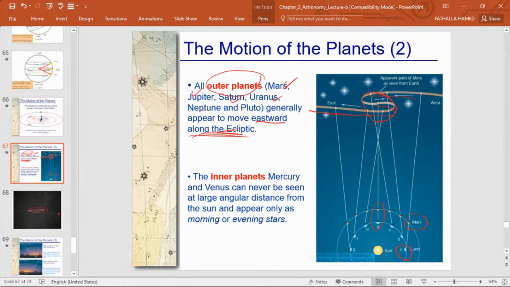Now, the inner planets for us, which are Mercury and Venus, we only can see them either during the morning, before daytime, which we call the morning sky, or we look at them in the evening.